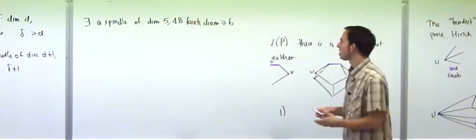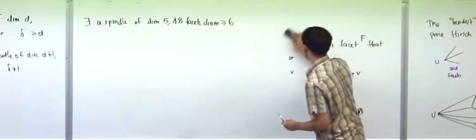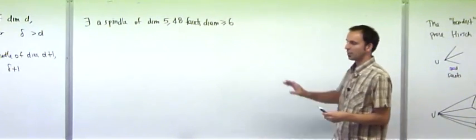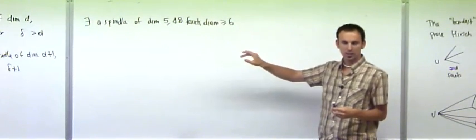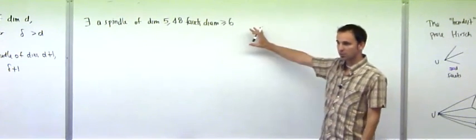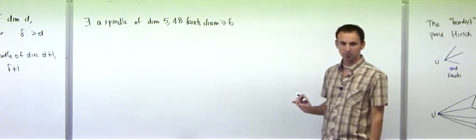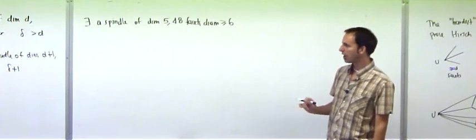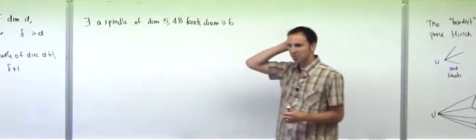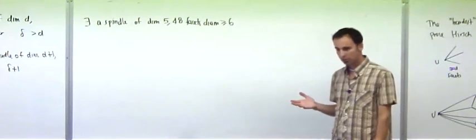I'll tell you in a second how he did this, but the point is that if he can do this, then he can disprove the conjecture. Why? Because he can start. Well, first of all, let's talk about this. Does this violate the Hirsch conjecture?